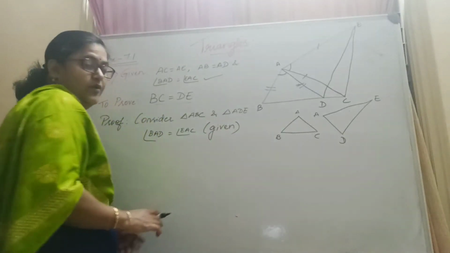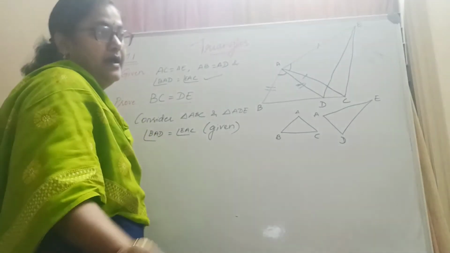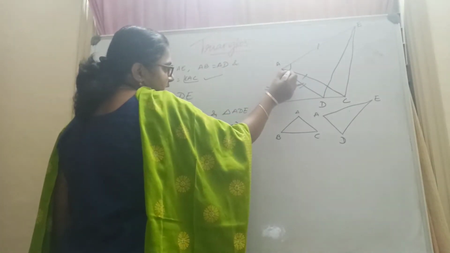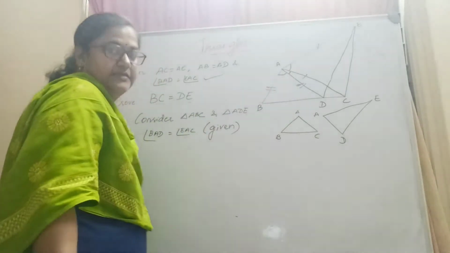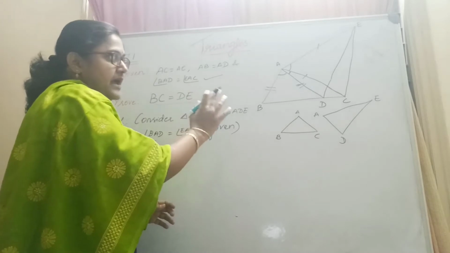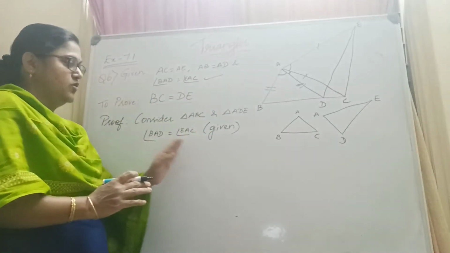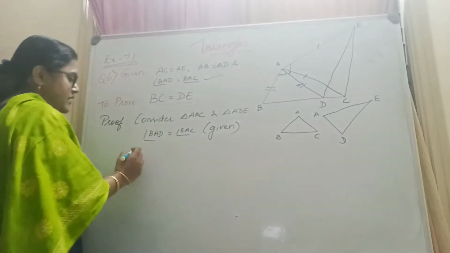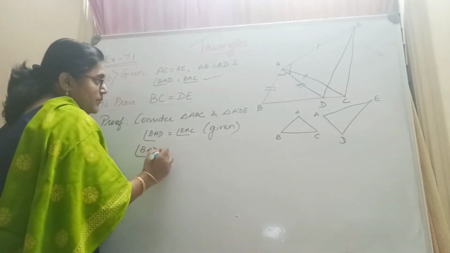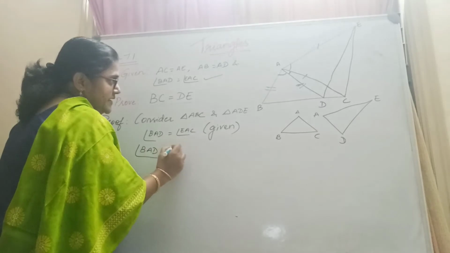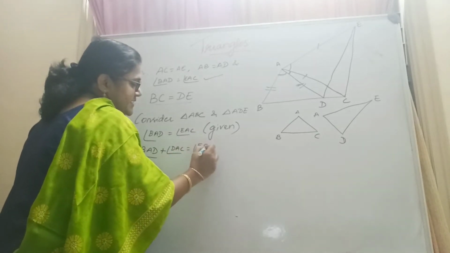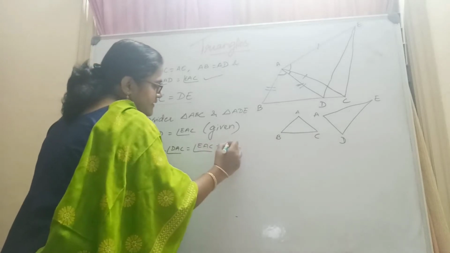Now I am going to add this angle on both sides of this equation. So angle BAD plus angle DAC is equal to angle EAC plus angle DAC.